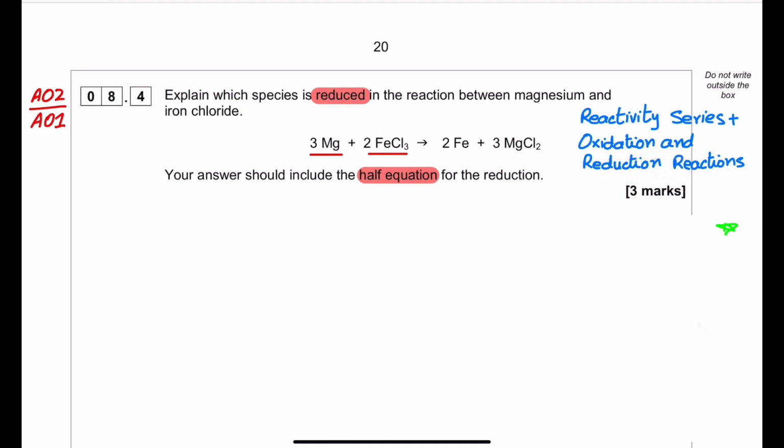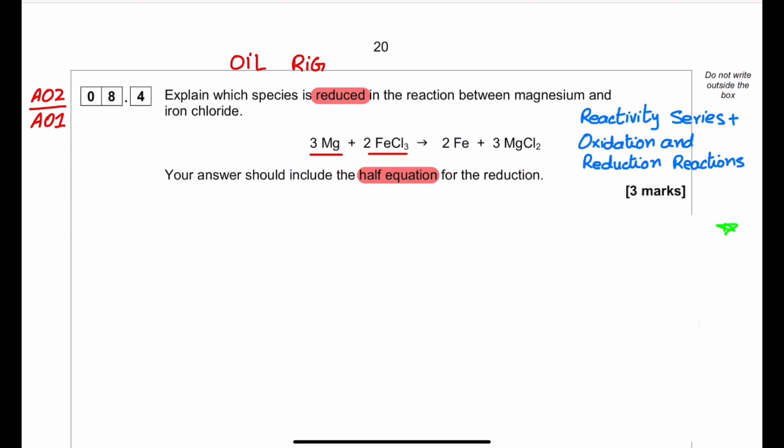We have to see which one is reduced and which one is oxidized. We know that OIL RIG is the way: oxidation is loss of electrons, reduction is gain of electrons.